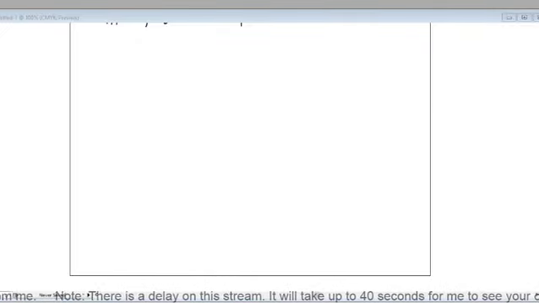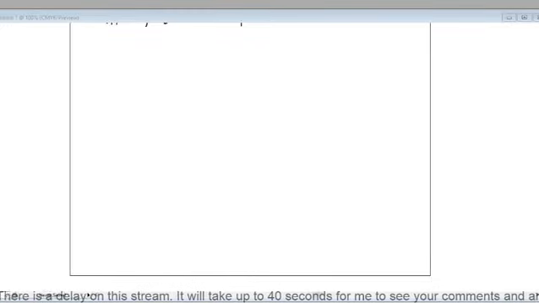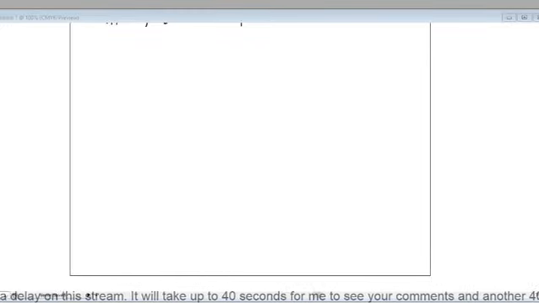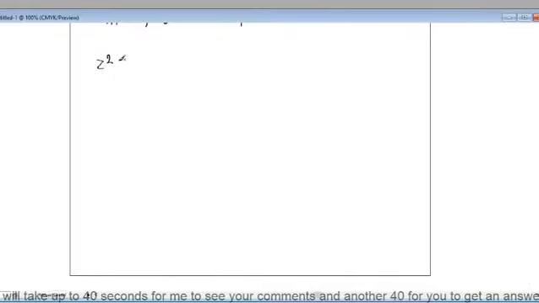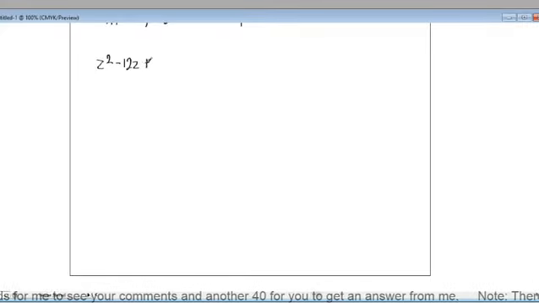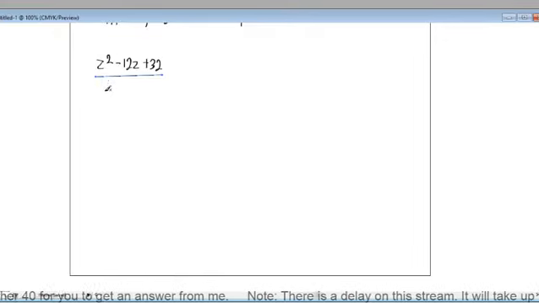Again, it gives us an expression that's a rational expression, and it gives us z squared minus 12z plus 32 over z squared minus 16.